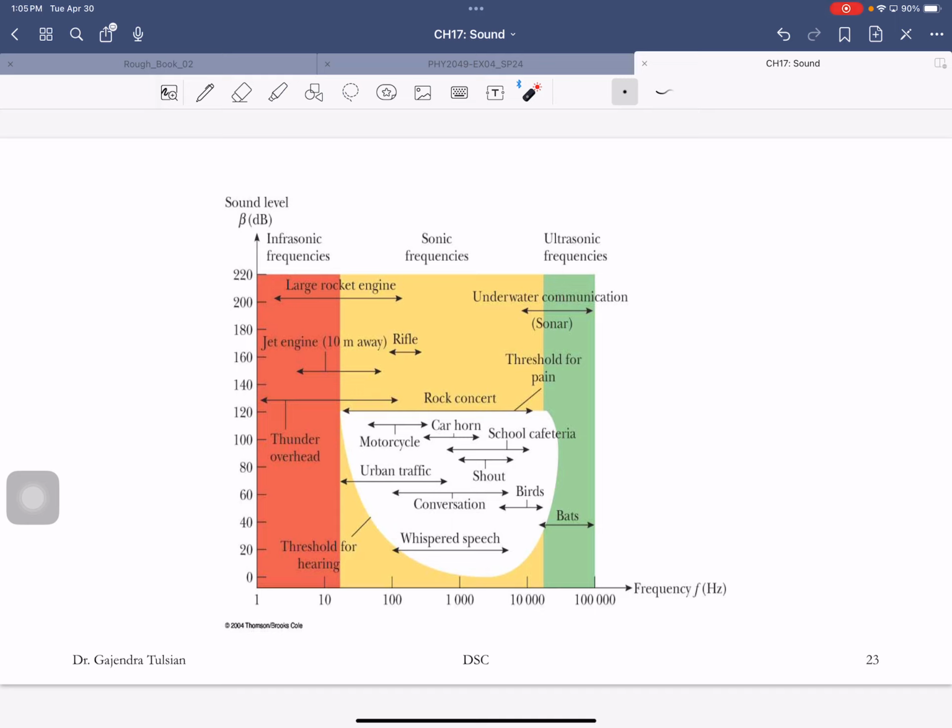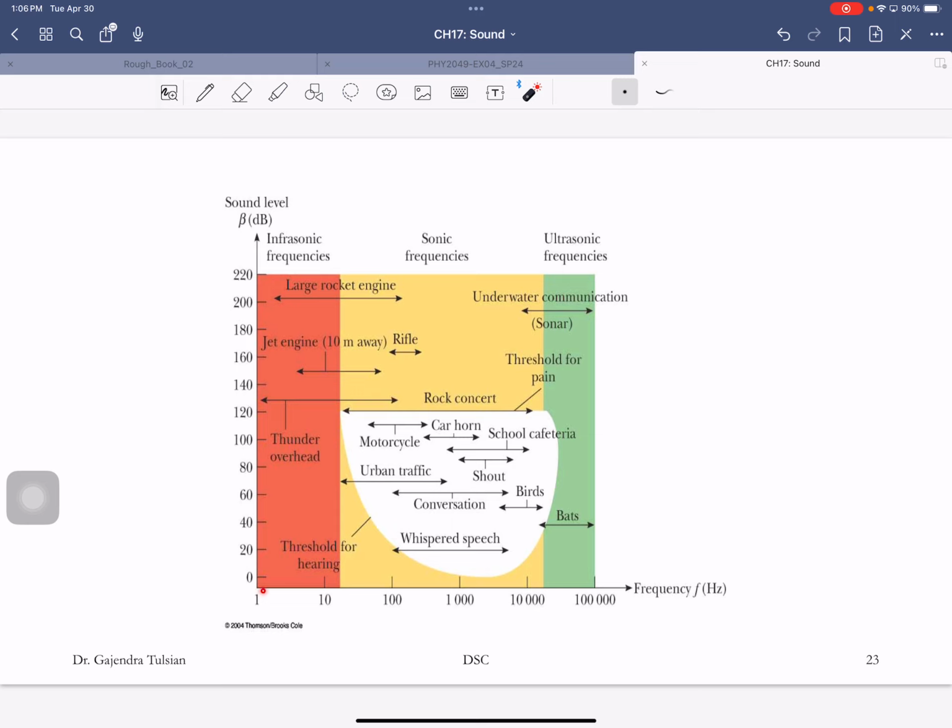So this is what you can hear. These are ultrasonic frequencies, these are infrasonic frequencies, and these are sonic frequencies, meaning your ears can detect them. You don't want to hear sounds louder than that, that's 120 decibels.